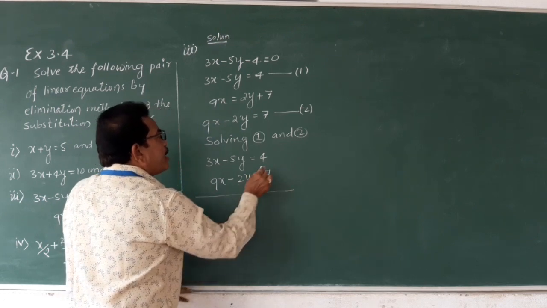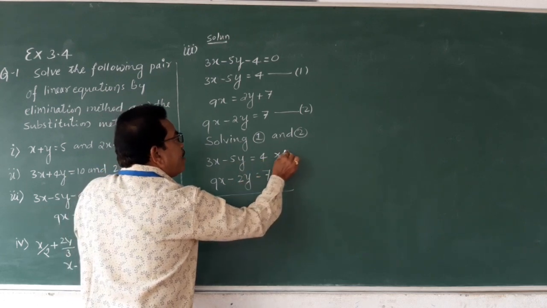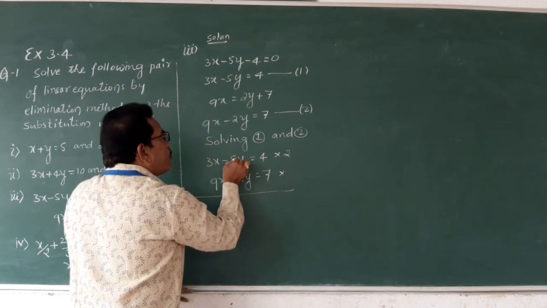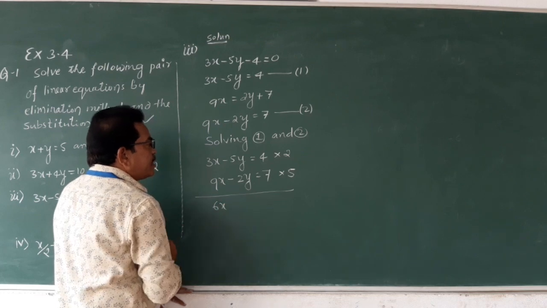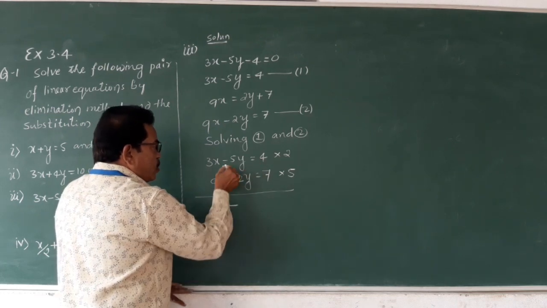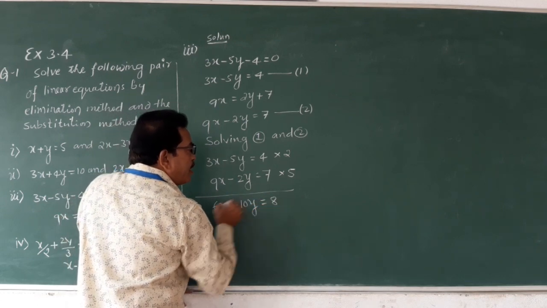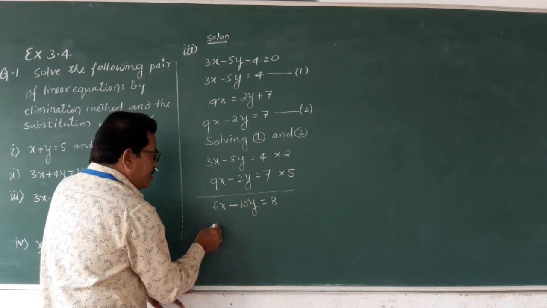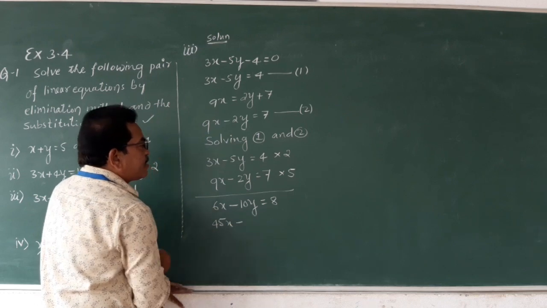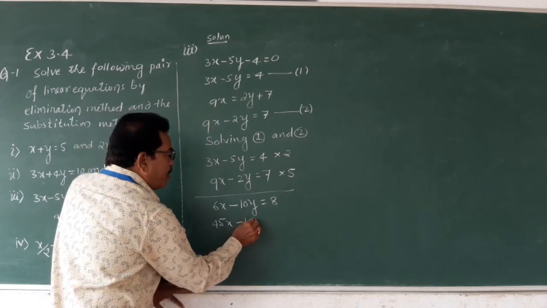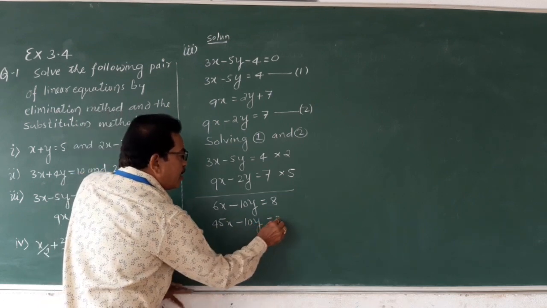Then let us multiply the coefficient of y, the first one from the second and the second one from the first, by 5. 2 3s are 6x minus 2 5s are 10y equals 2 4s are 8. Then 5 9s are 45x minus 5 2s are 10y equals 7 5s are 35.